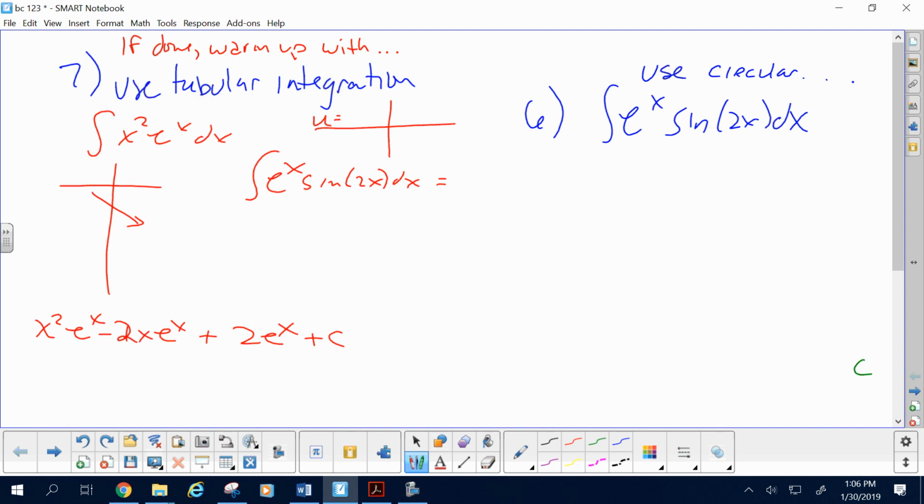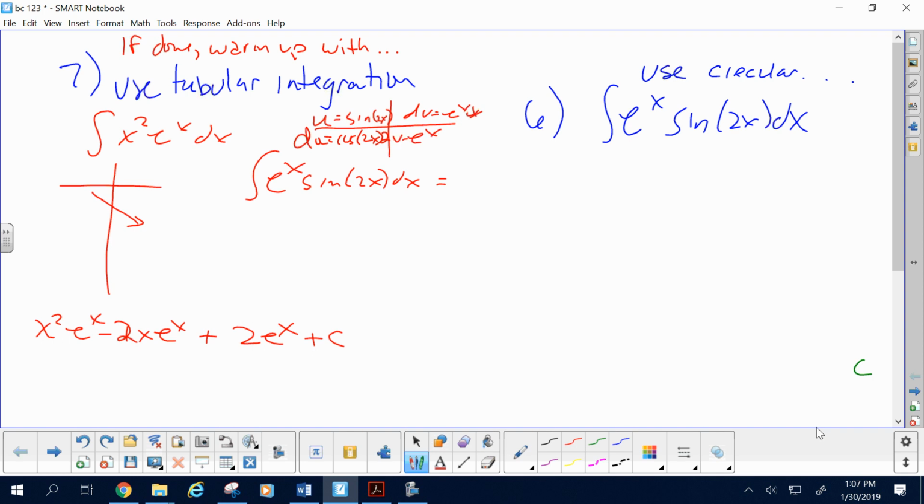Sine of 2x. Students generally have a better time with derivatives of trig than inside derivatives. So du is cosine of 2x times 2, or 2 cosine of 2x, dv is e to the x, and v is e to the x.